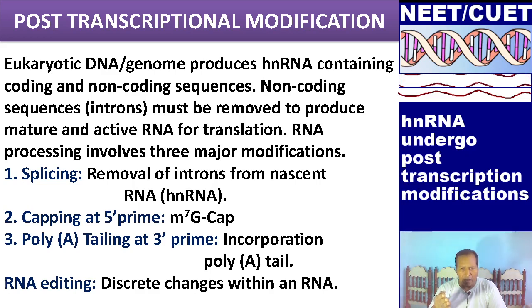A methyl residue is added at the 7 nitrogen in guanine, that is the M7G cap. This is the capping at 5 prime. And third one is polyadenylation. There is the incorporation of a poly A tail at 3 prime.